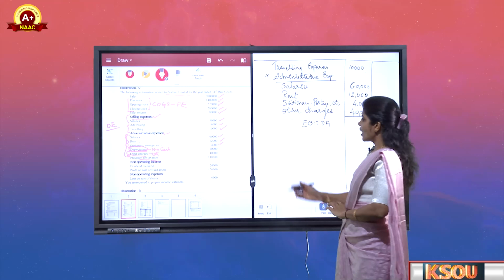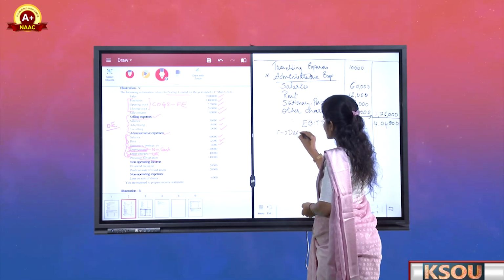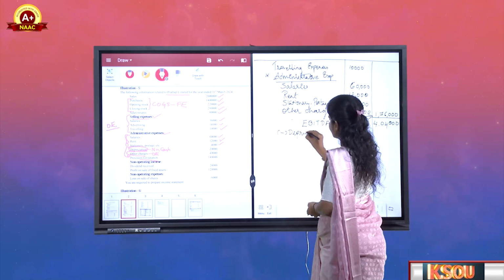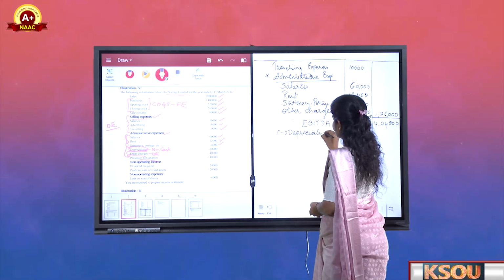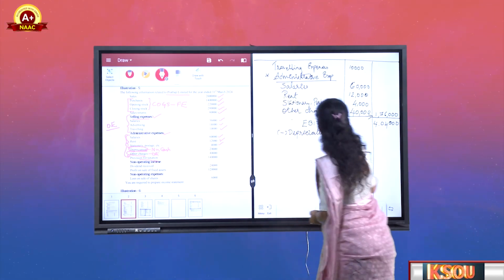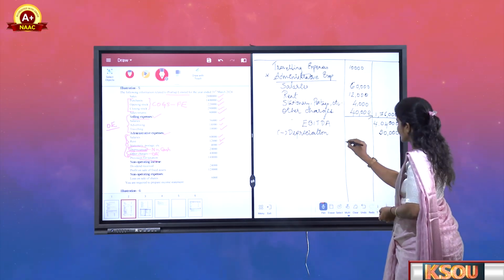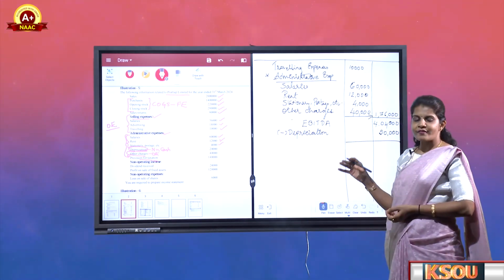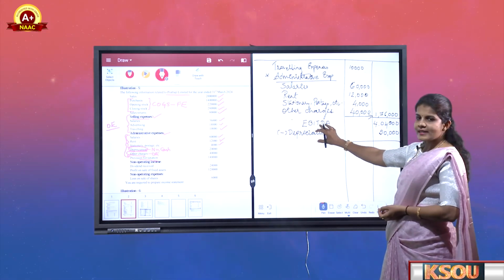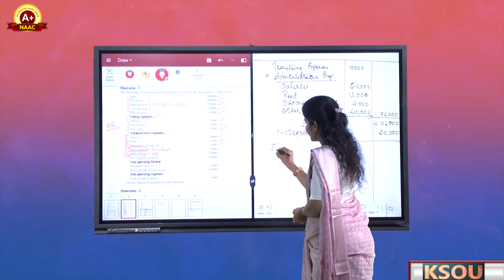Let us deduct depreciation from this. Less depreciation, the amount of depreciation is 20,000. Okay, so the difference between this EBITDA and the depreciation is called operating profit.